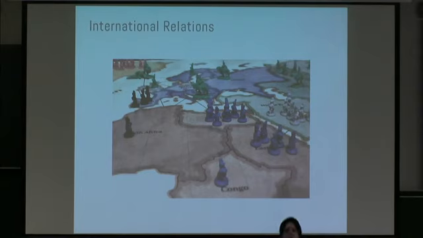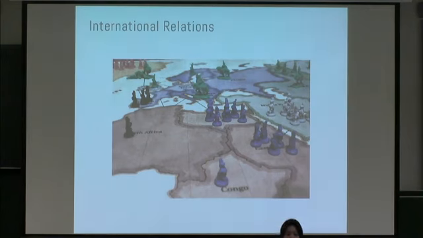So if we wanted to study the relationship between blue and gray over the course of this game, or analogously, the relationship between the US and Russia over the course of the 1980s, we wouldn't be able to fully understand it without considering the relationship or context provided by green and red. So in other words, we can't just study country-to-country interactions in isolation. We have to study them as part of their broader network.